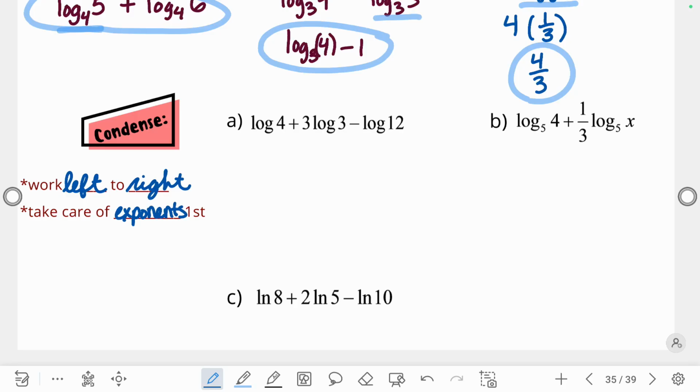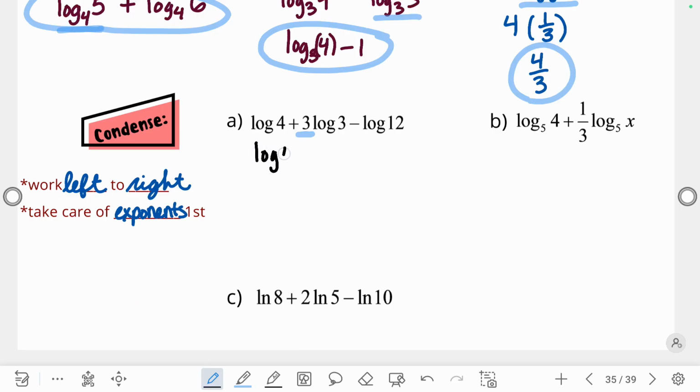And exponents don't look like exponents right now, so stop and think about it. There is an exponent in that first problem, in problem A. What is the exponent in problem A? It's that leading 3.